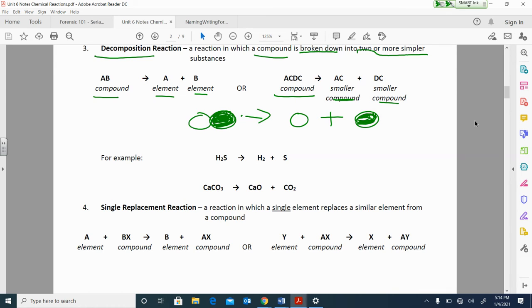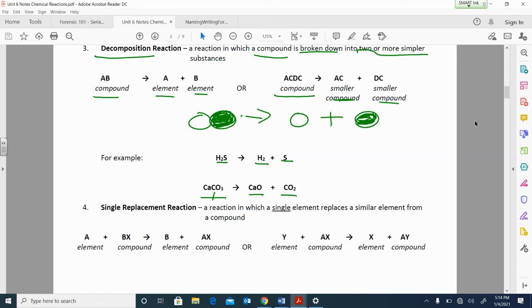Okay, so an example would be hydrogen sulfide, goes through reaction and breaks back down into hydrogen and sulfur by themselves. Calcium carbonate goes through reaction and breaks down into calcium oxide and CO2, which is carbon dioxide. So it just breaks down from bigger compound to littler compounds. Either way, it's one thing, breaks down into several pieces. Okay?